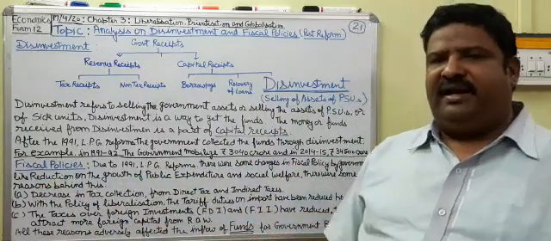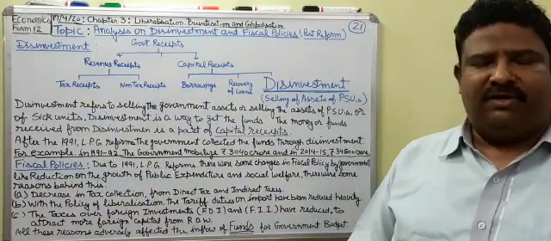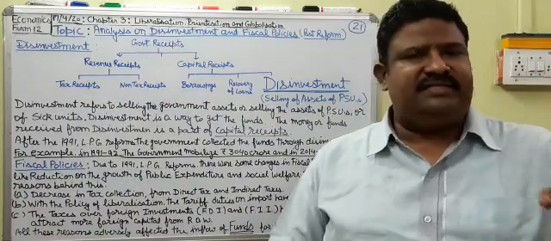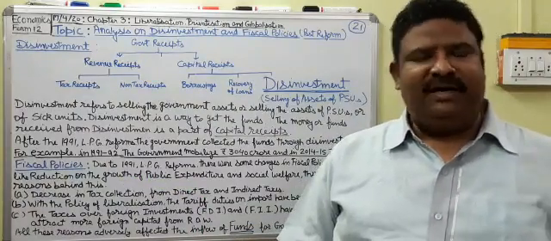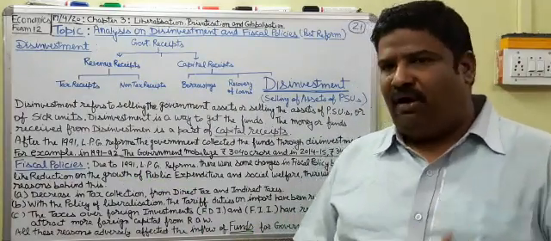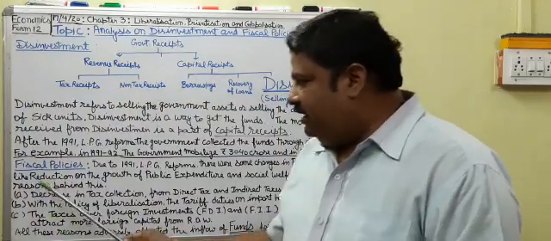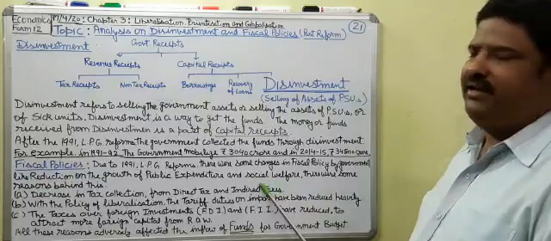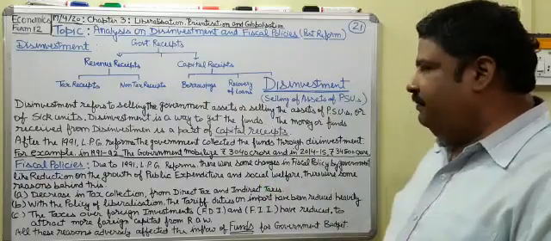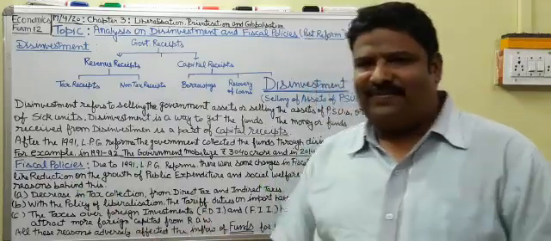Earlier, the trend was that every year in the government budget, the government increased spending on public expenditure. But after the reforms, a reduction in the growth of public expenditure and social welfare has been observed. There were some reasons behind this.